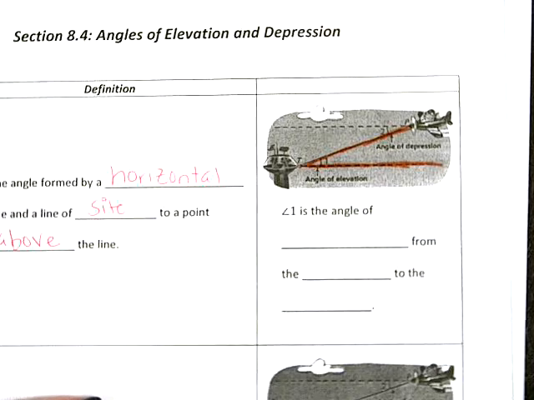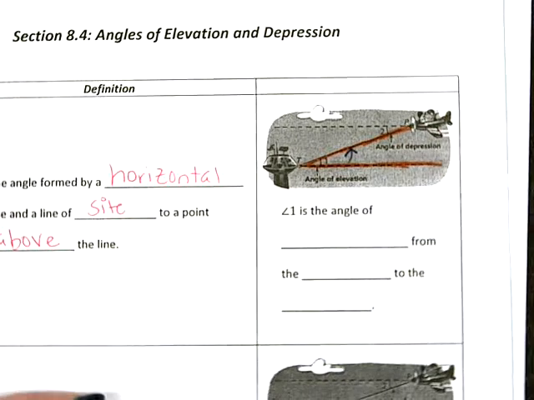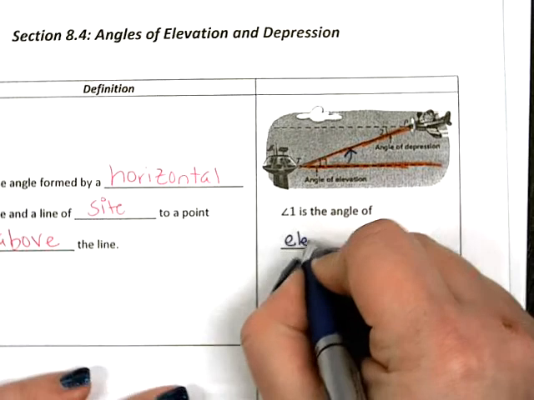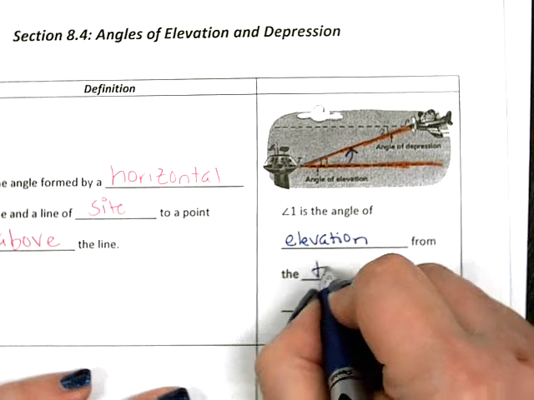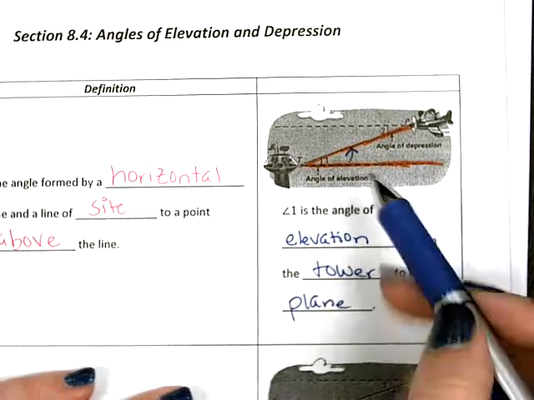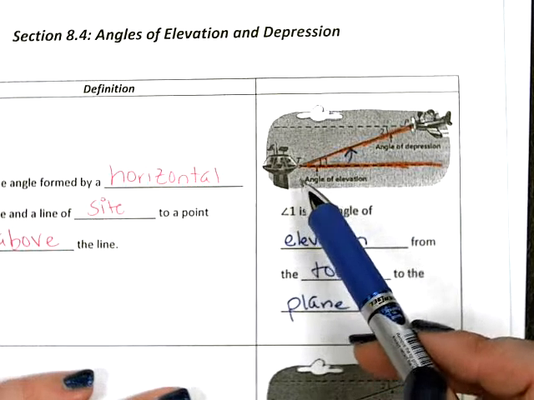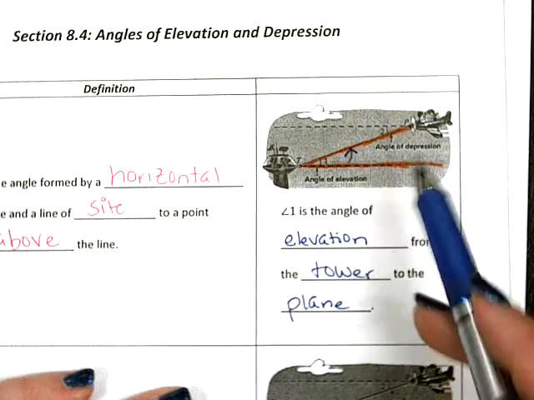That means that angle 1 right there is an angle of elevation from the tower to the plane. The people in the tower are looking up towards the plane. So that angle that's formed is an angle of elevation.